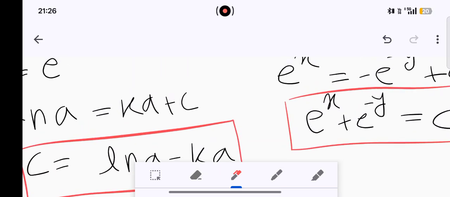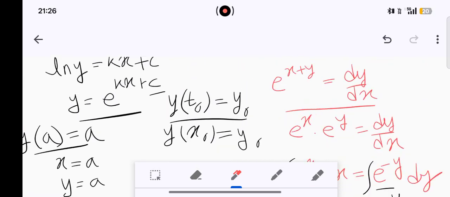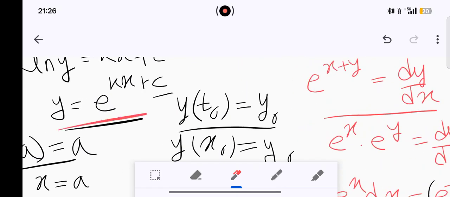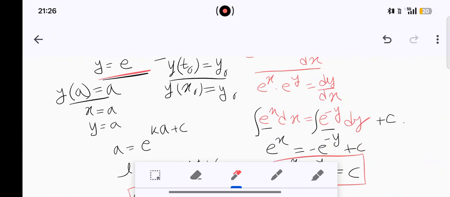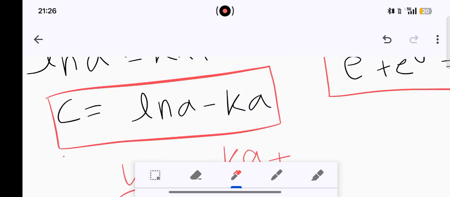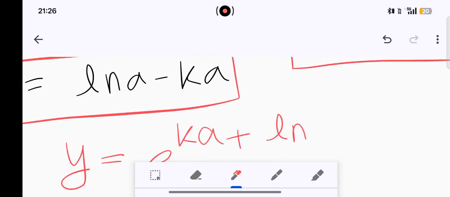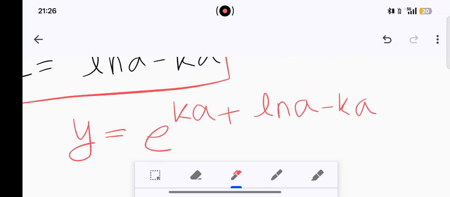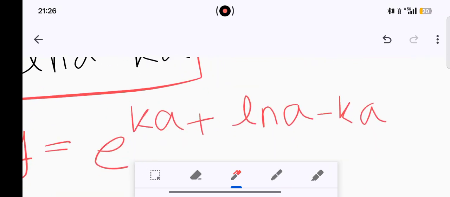Now we have to replace the c here so that we can get a very simplified equation. This is y equals e to the power ka plus the value of c, which is ln a minus ka. Wait, this is not a, this is x actually, sorry.